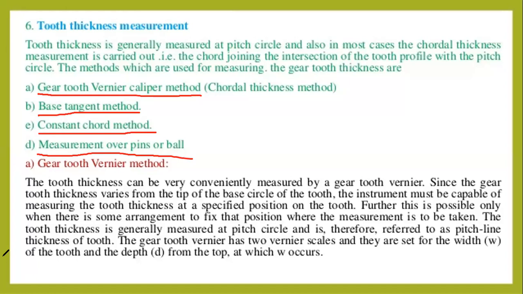Further, this is possible only when there is some arrangement to fix the position where the measurement is to be taken. So whenever you are going to take the reading, we are going to make some arrangement to fix the position where the measurement is to be taken.